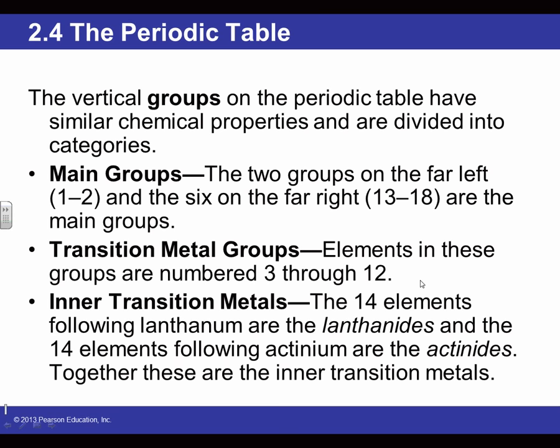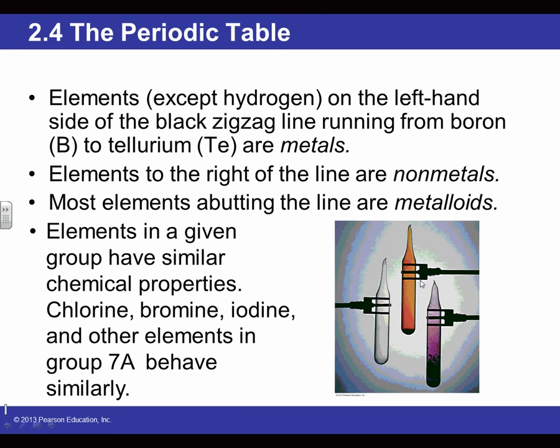So the vertical cross sections of a periodic table, there are some that are made into main groups, and then there's some that are broken down into transition metal groups, and some broken down into inner transition metal groups. And we'll be looking at those based on their column breakdowns. But going forward, you also have a zigzag region of your metalloids.